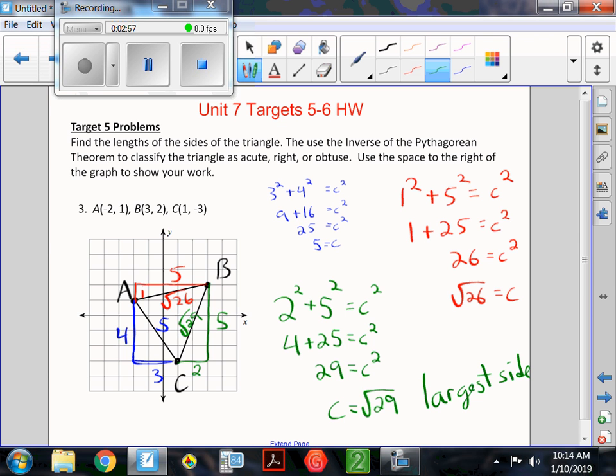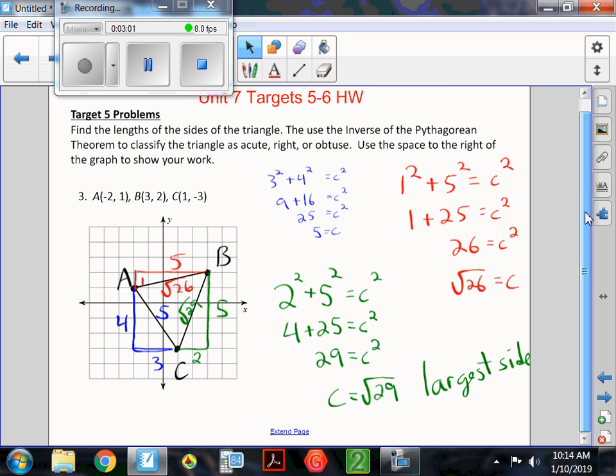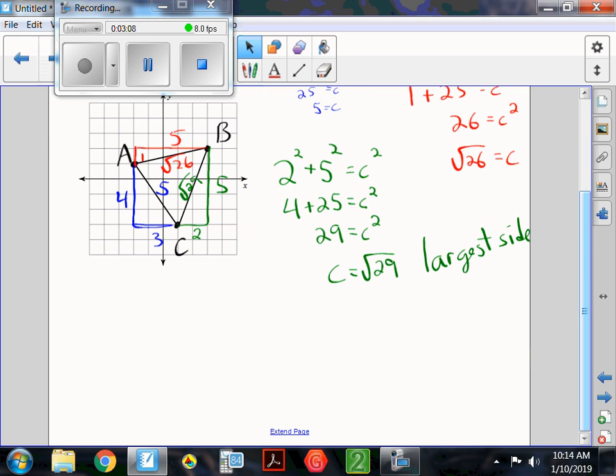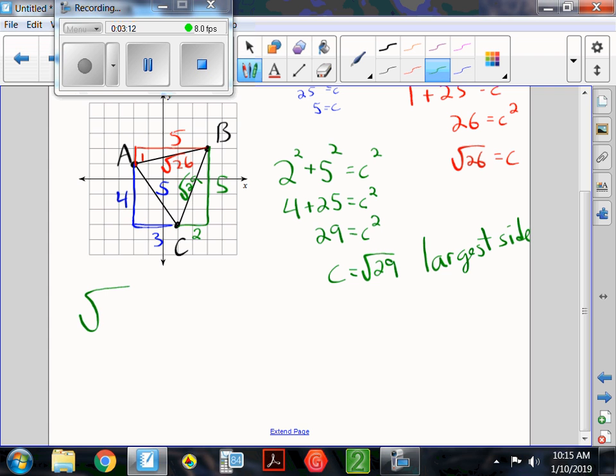When I'm trying to determine whether or not I have a right triangle, I need to take the largest side, squared, and compare it to the sum of the squares of the 2 smaller sides. So to determine what type of triangle it is, I'm going to take square root of 29 squared and compare that to 5 squared plus square root 26 squared.